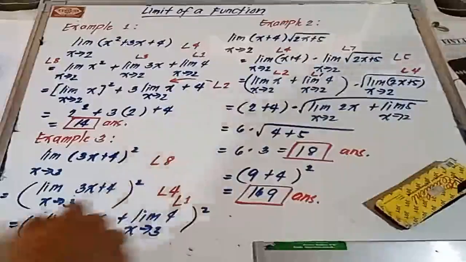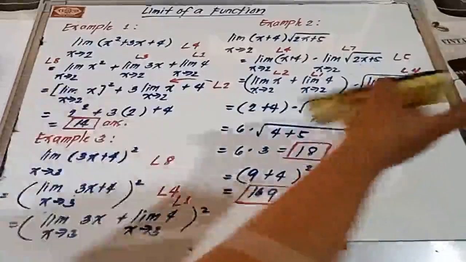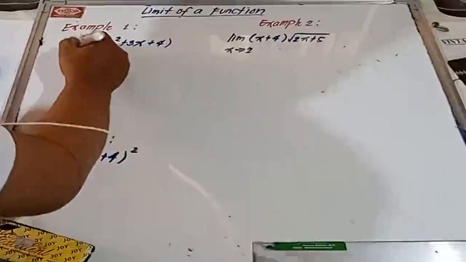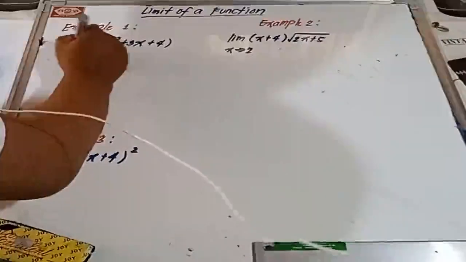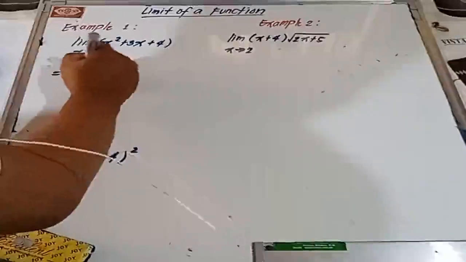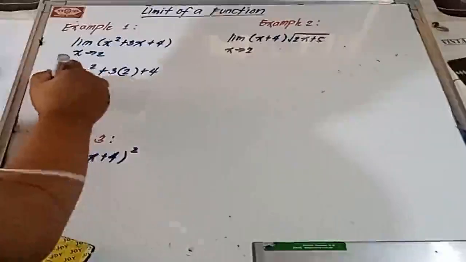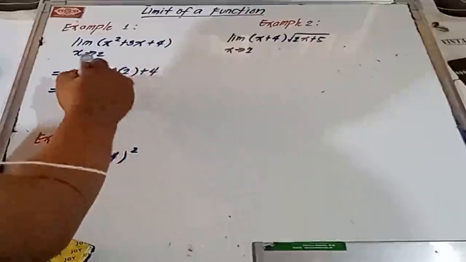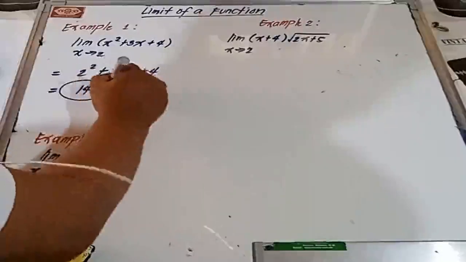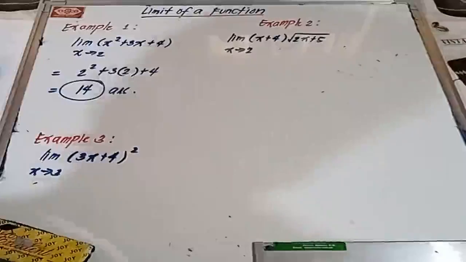Okay, pag direct substitution or straight substitution, pwede. Straight substitution tayo. That will be 2 squared plus 3 times 2 plus 4. We have 4 plus 6 plus 4 is 14. Okay? Did we get the same answer? Yes.